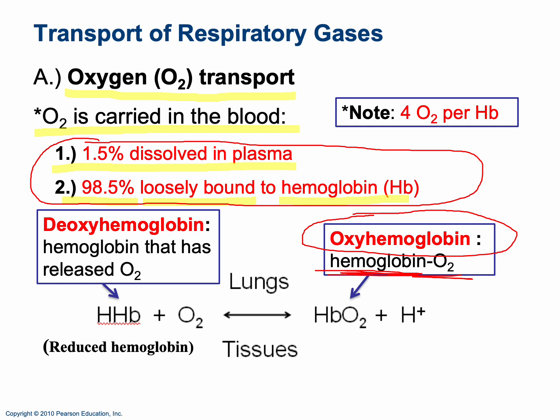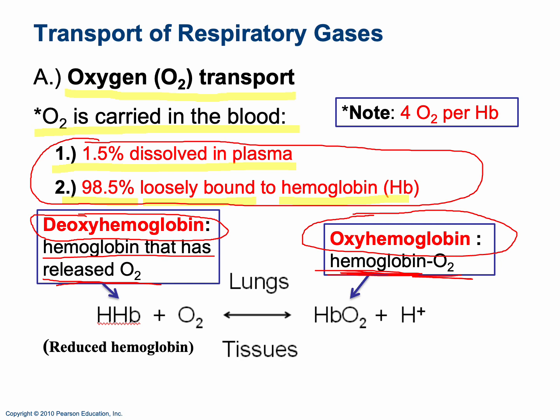However, here we have the term deoxyhemoglobin, and that is hemoglobin that has released the oxygen. So the oxygen has been disconnected, let loose from the hemoglobin.